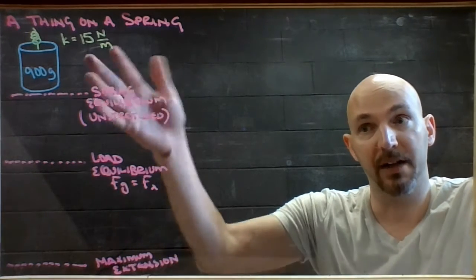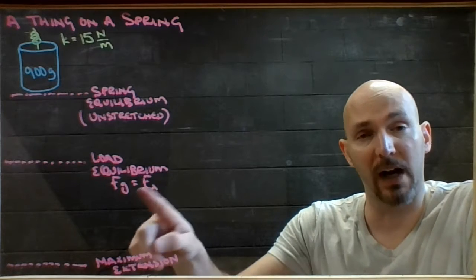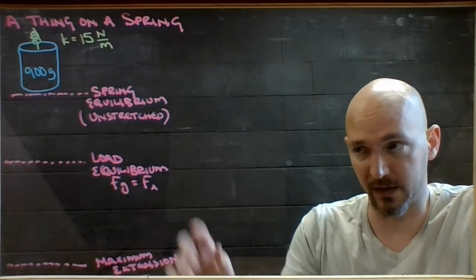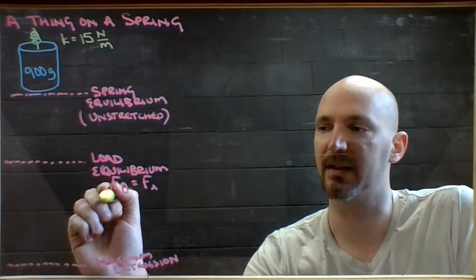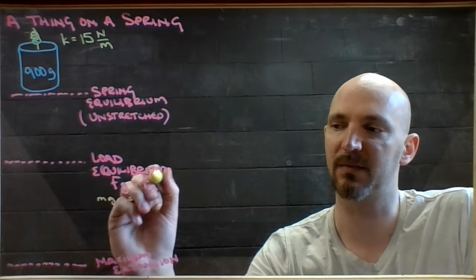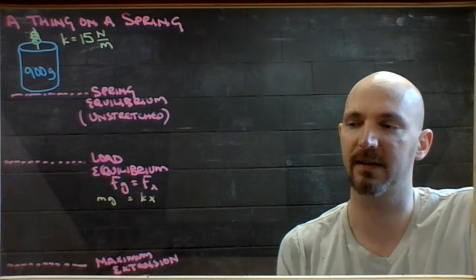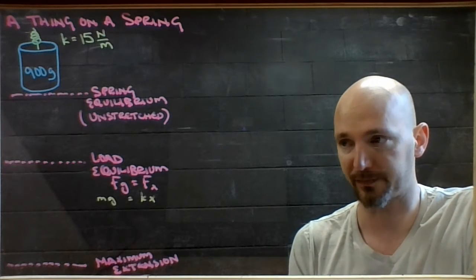Now, I've got the mass and I've got the k value, so I can actually calculate this and find this location pretty easily. So I'm just going to plug those numbers in. Force of gravity is mg. Spring force is kx, x being the amount that we've stretched.